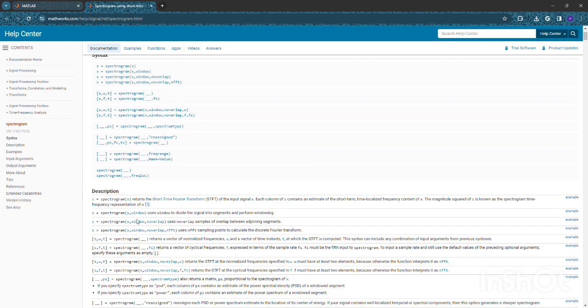If you use one element in the function, then it returns the short-time Fourier transform, STFT, of the input signal x. If you use x and window, then the window is used to divide the signal into segments and perform windowing. But if you use three parameters like x, window and noverlap, then noverlap is the number of samples of overlap between adjoining segments.